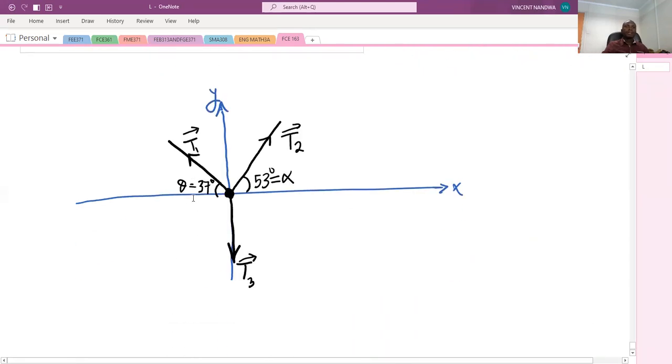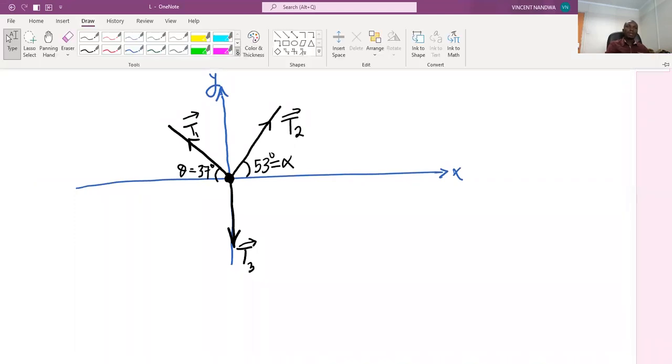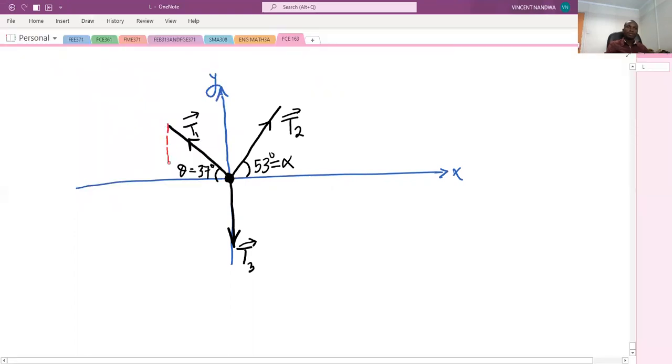Now, if we draw right angles to these forces in this diagram, I draw a right angle triangle here, and a right angle triangle here. So this is the direction, and this is the direction, and this is the upward direction.